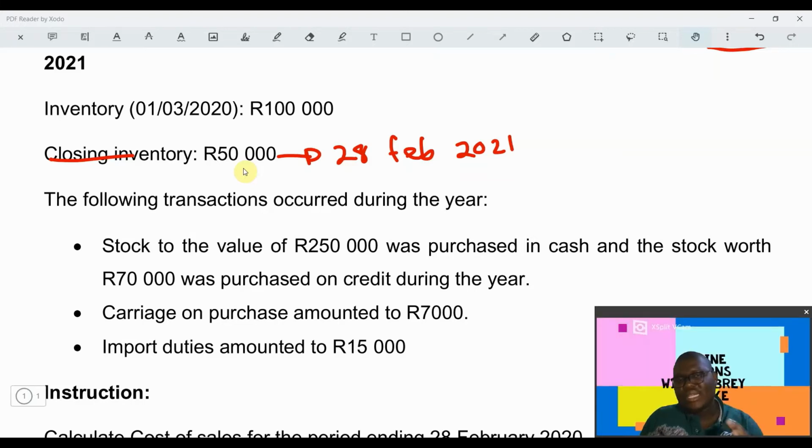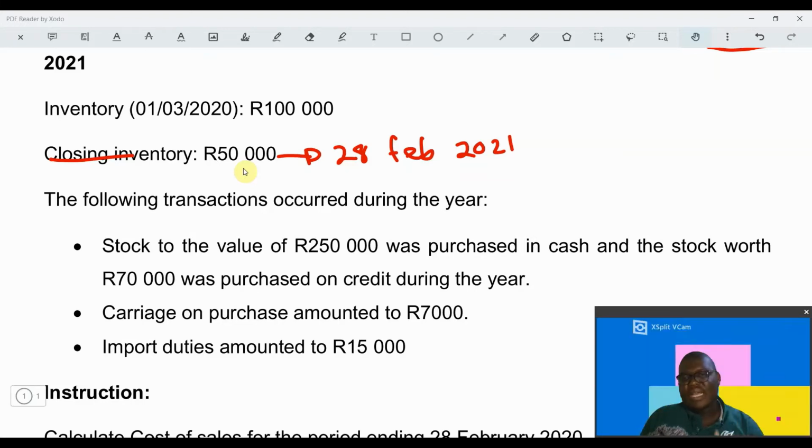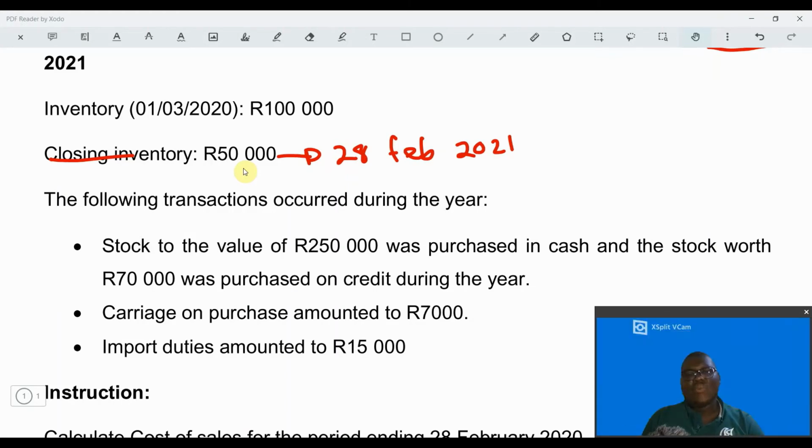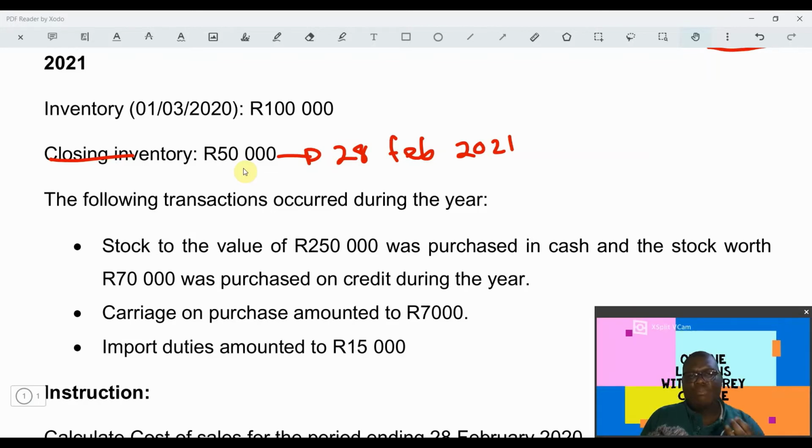So we need to check if we have anything like that, as this will increase the cost of the stock. And you must also check where we charged any import duties. For example, if you are buying from another country, you will normally be expected to pay custom duties. Custom duties are also known as import duties, so you may want to take that into consideration.